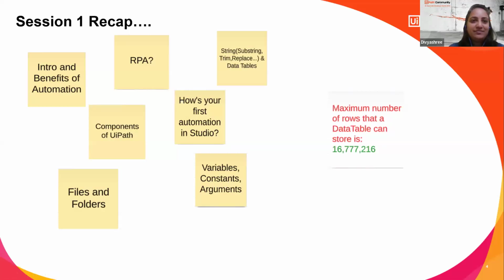Make sure that when you are reading data from Excel, a workbook, or any database, if your rows go beyond this, your automation might break. So have a look at this number, and if it is more than that, break the data up by using some queries or something, and then your automation will work easily.